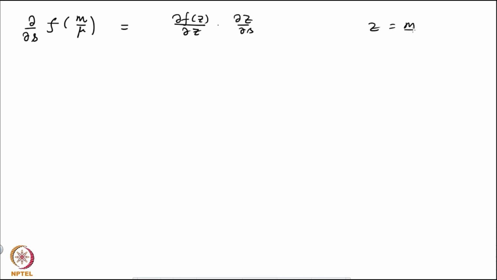What is z? Z is m over s, m over mu. Okay, I should have used s. Let's write it as m over s. M over s. This is s.